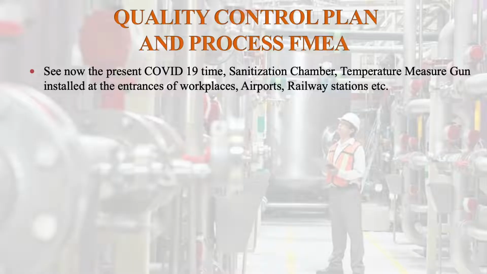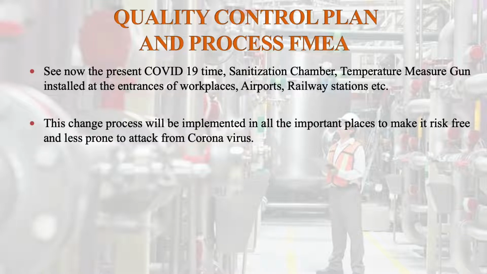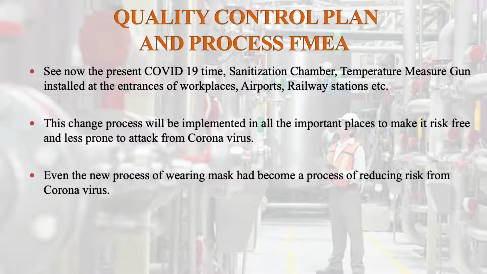For example, in the present COVID-19 time, sanitization chambers and temperature measuring guns are installed at the entrance of workplaces, airports, railway stations, etc. This change process will be implemented in all the important places to make it risk-free and less prone to attack from coronavirus. Even wearing masks has become a process of reducing risk from coronavirus. This is an example for the design FMEA process.